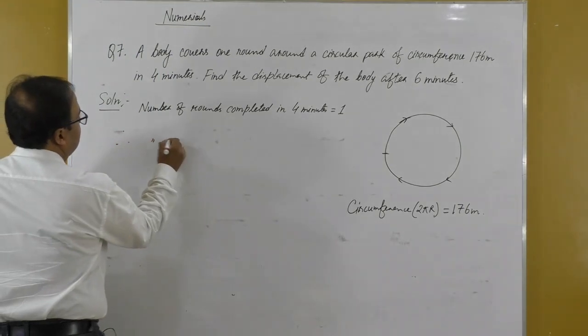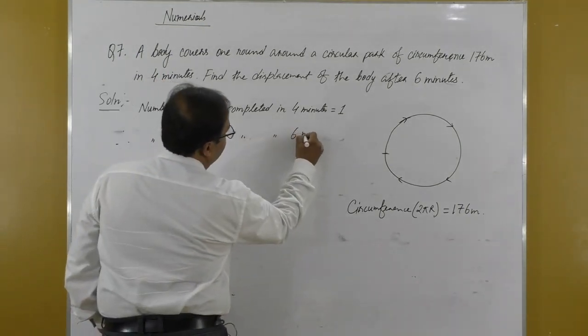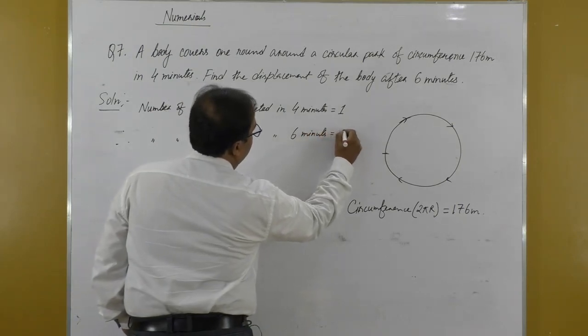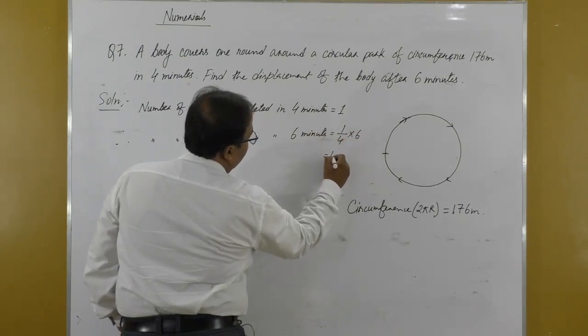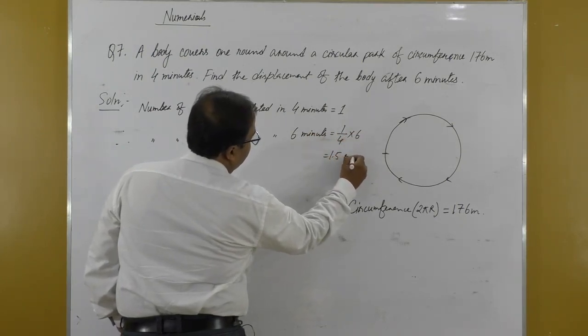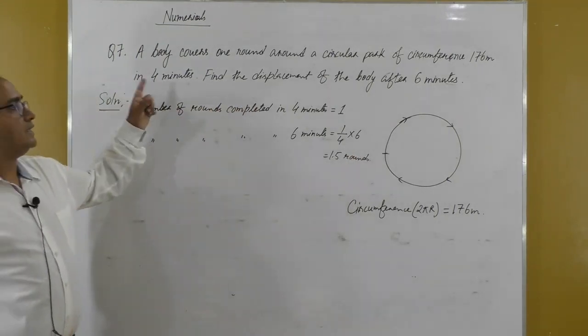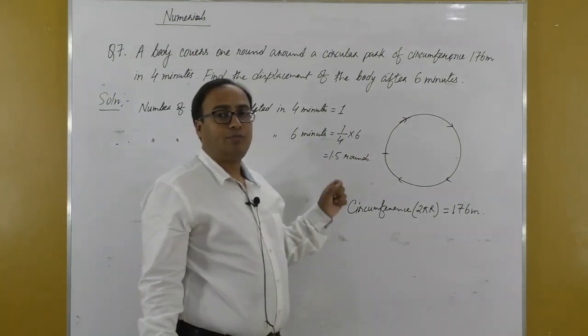Therefore, number of rounds completed in 6 minutes will be 1 by 4 into 6, that is 1.5 rounds. So in 6 minutes, the number of rounds completed is 1.5.